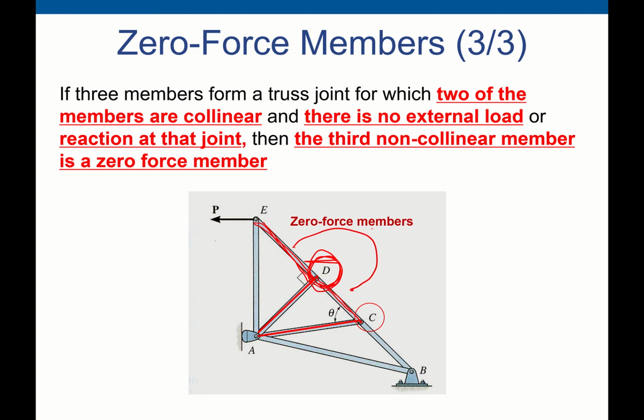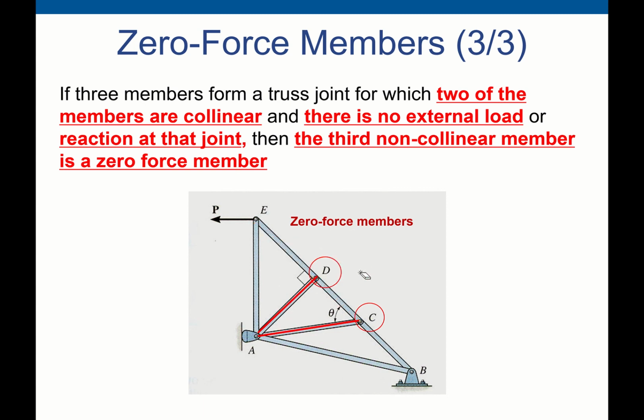And there is no external force on D. There is no support reaction at D. So in that case, the third member, which is this one, is a zero force member.